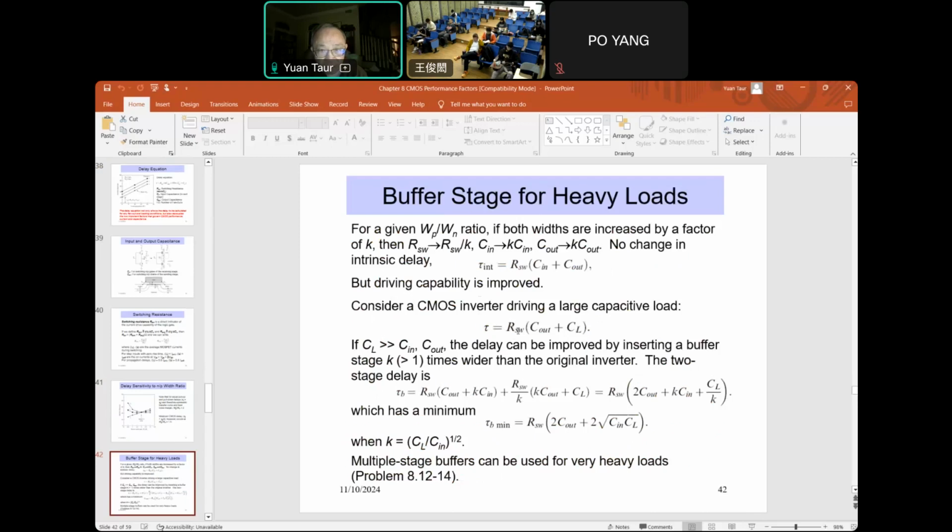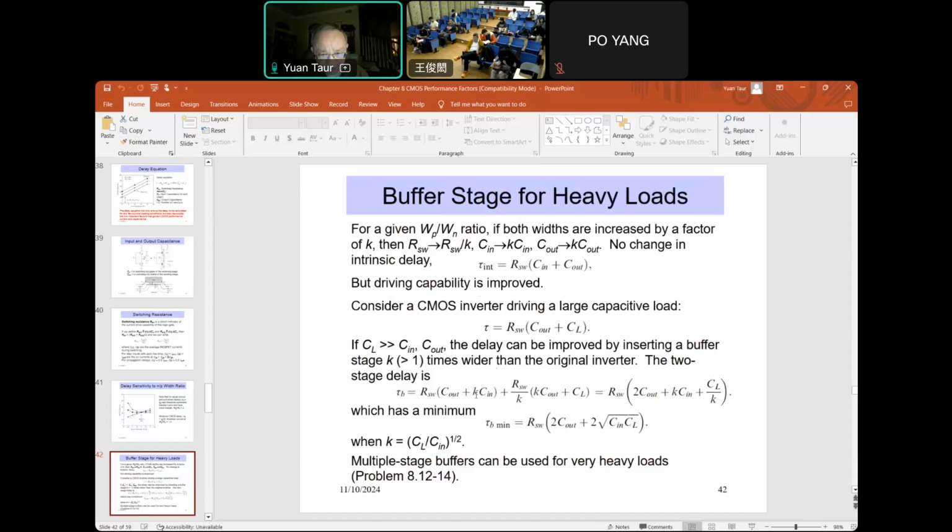So in this case, we can improve the delay by inserting an intermediate stage between the small inverter and the large load.